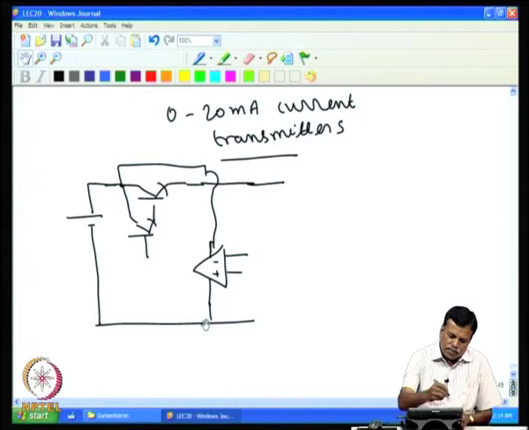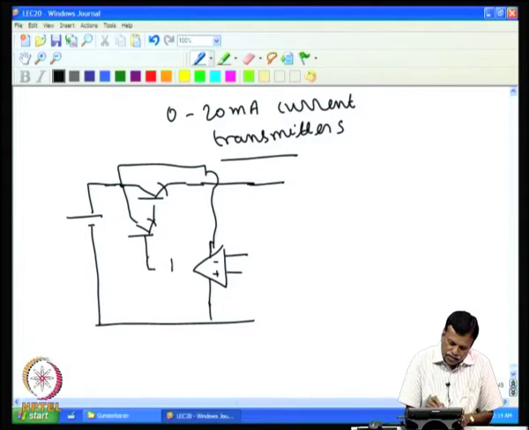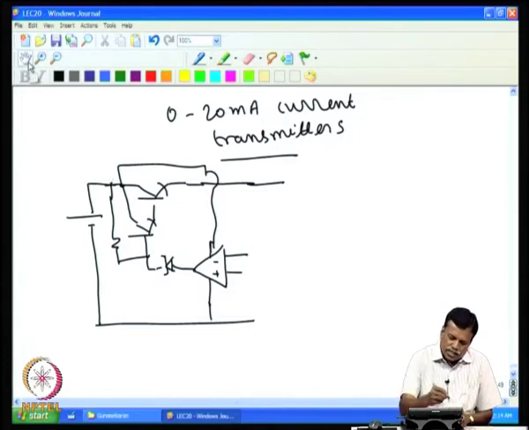Now, what is normally done is that you can have the ZNR, but still this ZNR is required to start the voltage regulation process. We already discussed in the earlier lecture what the function of this ZNR is, and then at the output we can have the voltage divider.